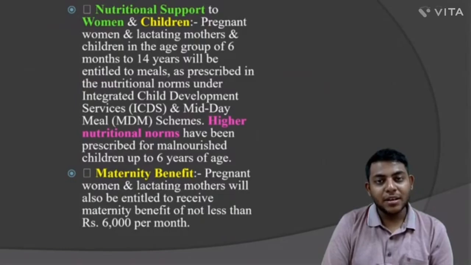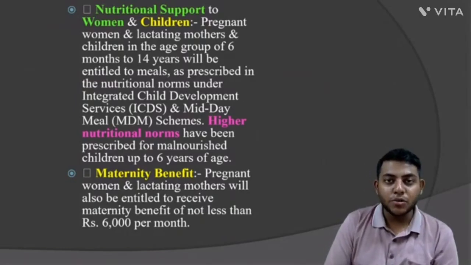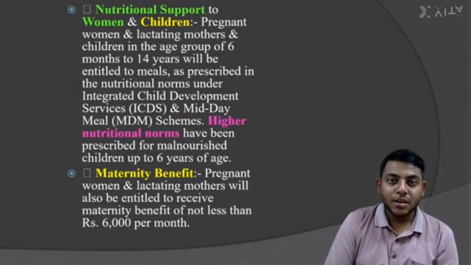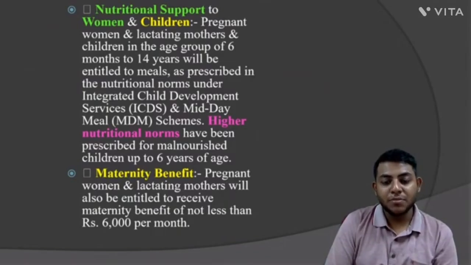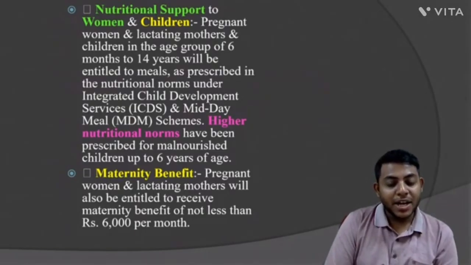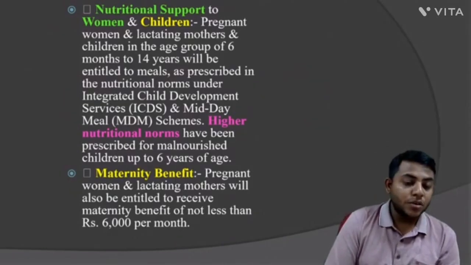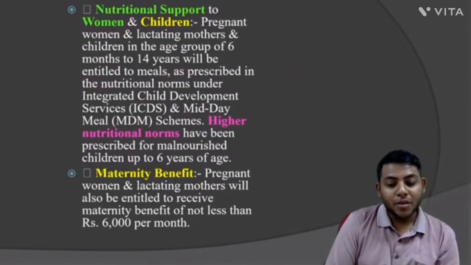So, upholding the spirit of Article 42 of the Constitution of India, according to the National Food Security Act of 2013, pregnant women and lactating mothers will also be entitled to receive a maternity benefit of not less than rupees 6,000 per month.